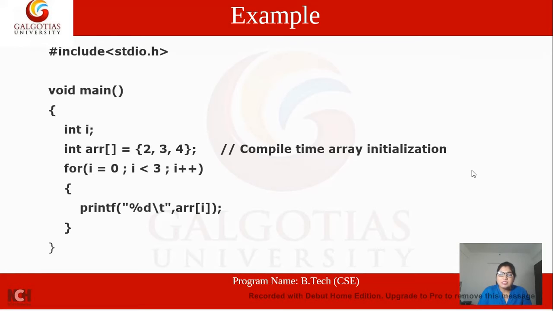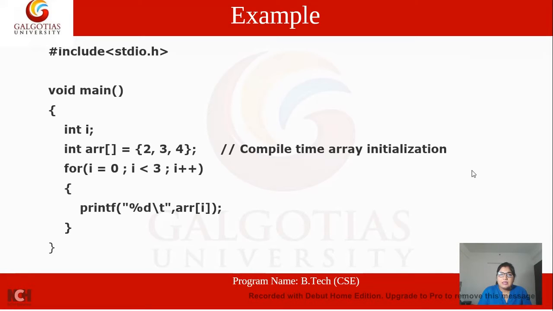In the square braces, as you can see, we have not written any fixed size, but we are defining the size to the compiler by initializing the values. So here we have initialized with a list of values containing 3 elements, that is 2, 3, 4. In the comment also I have written that this is the compile time array initialization part.